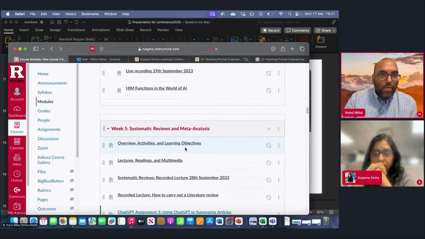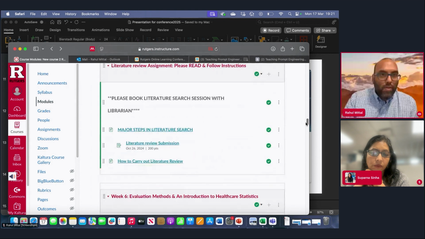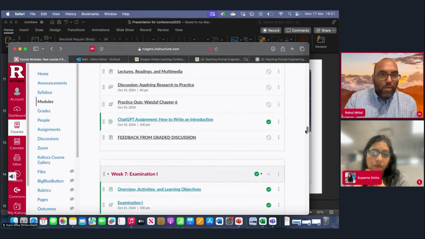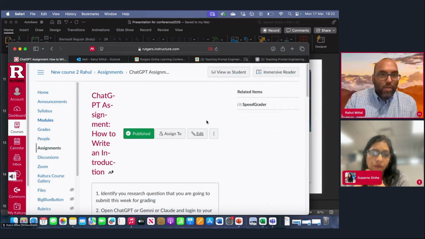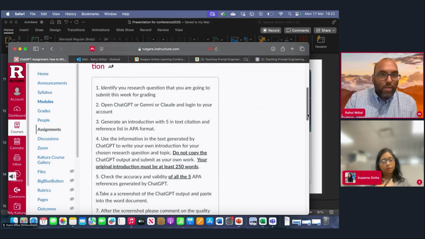One of the feedbacks that we had previously from the course was that some of our students were struggling with how to write an academic literature review. So as part of their course, we asked them to craft a prompt to use either one of the large language models to create an introduction.